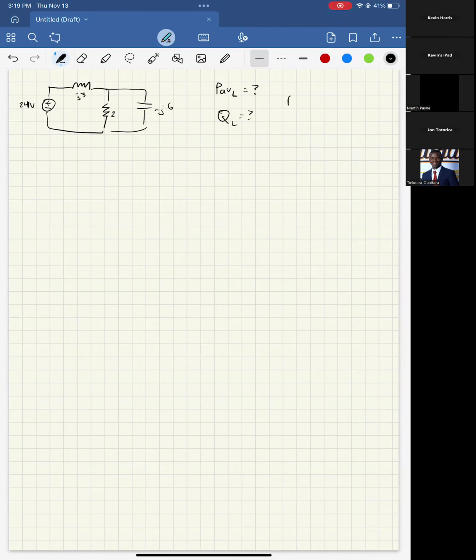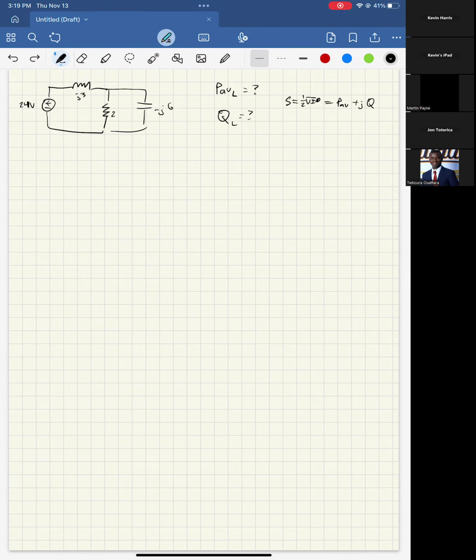So remember the complex power is equal to 1/2 V bar I bar conjugate, which is equal to P av plus jQ. So it's asking us to find this Q and this P average for the inductor.